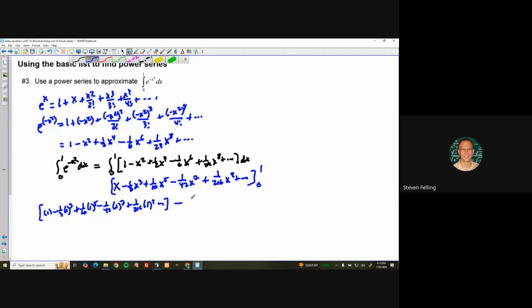And then subtracting a 0 plugged in everywhere. So that's 0 minus 0 plus 0 minus 0 plus 0, right? So it's just whatever this evaluates to. So you can even do things like that. You can replace a function with its power series in an integral, and then do the integral of each term of the power series. So a very flexible concept.